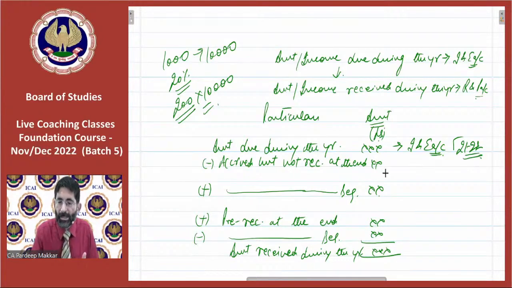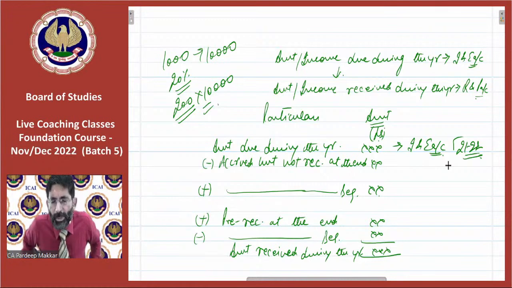Now this is the amount which has not been received at the end. So if any amount is due but not received, that is to be deducted for the purpose of receipt and payment account, because the receipt and payment account doesn't include that amount which is not earned by us, which is not received by us. Even if it is earned, that is not a matter of consideration, but if it is not received, it will not be entered.